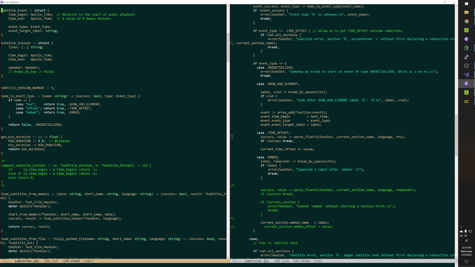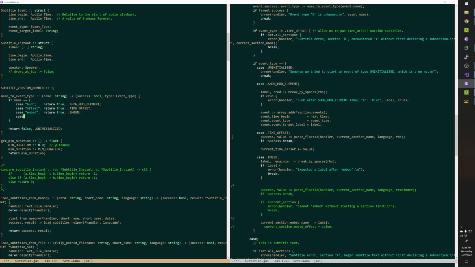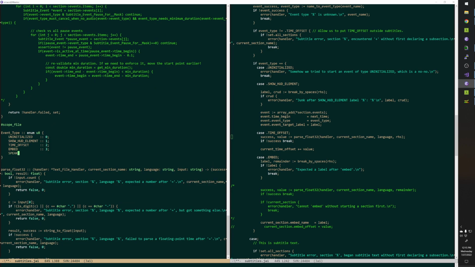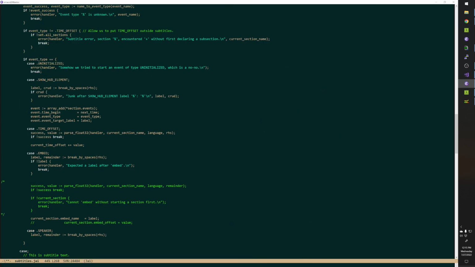So in the event type, we have the name of the character coming after.